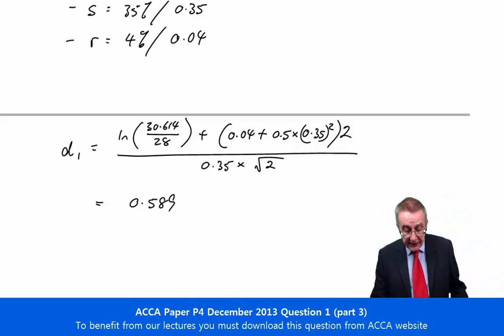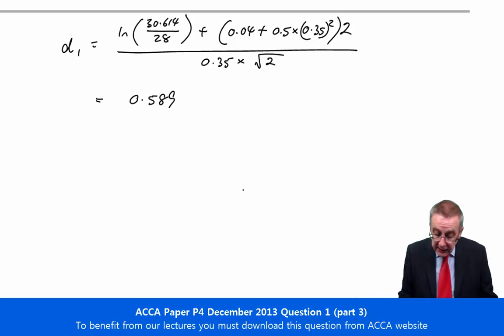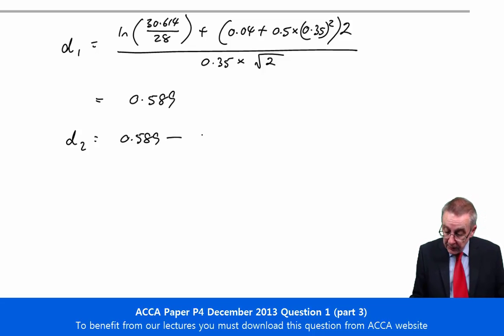You must by now have a decent calculator, and you've got to make sure you can use it. Having got D1, D2 becomes easy, in that D2 is D1, 0.589, minus S root T, 0.35 times root 2.